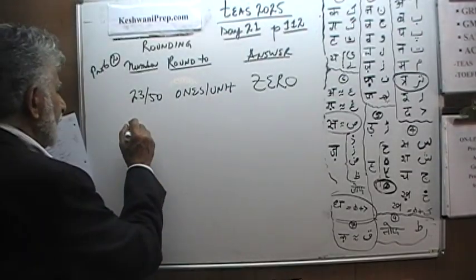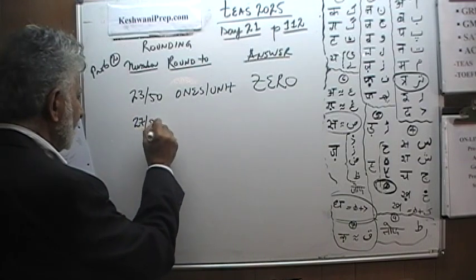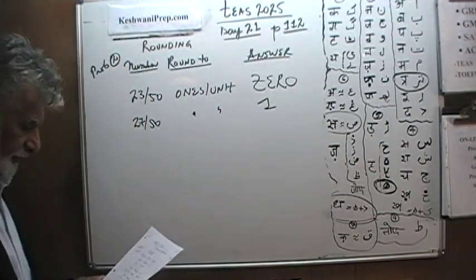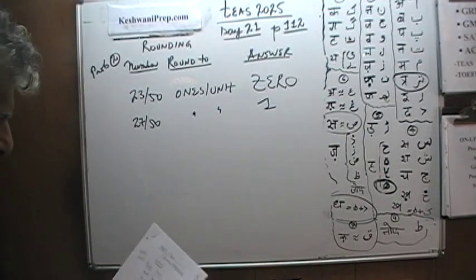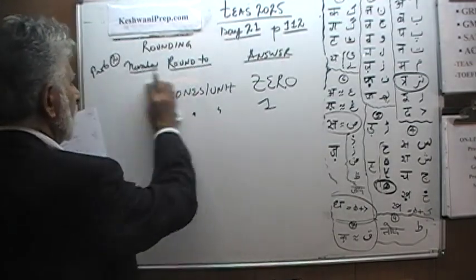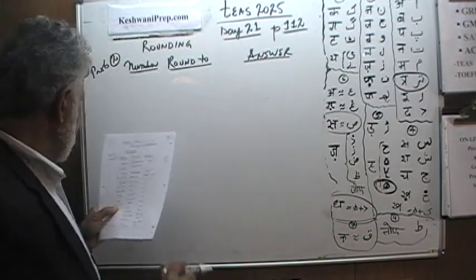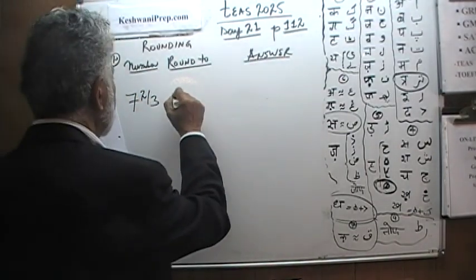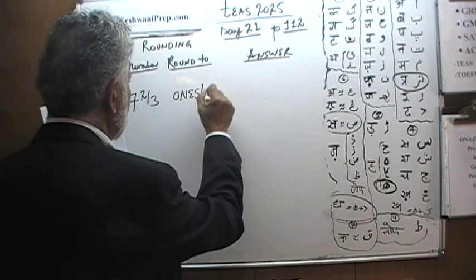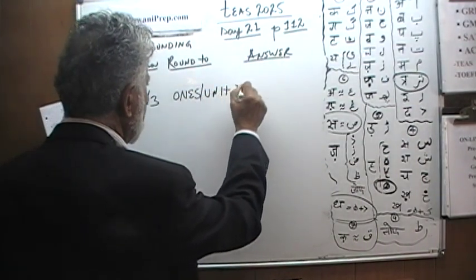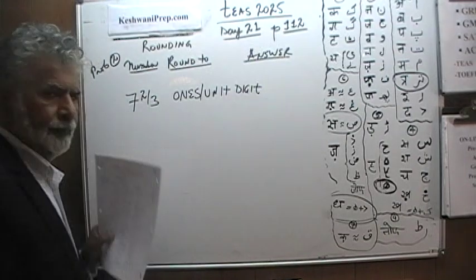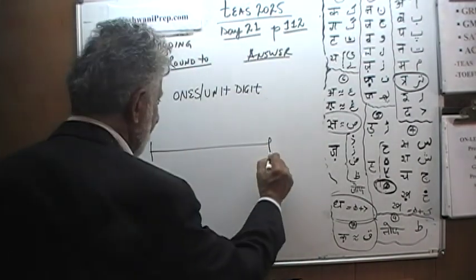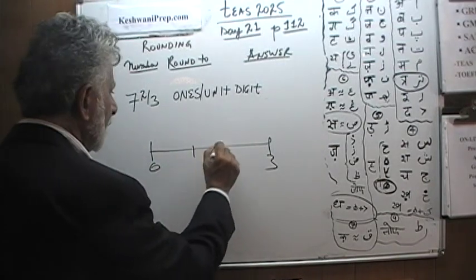Similarly, 27 over 50, when you round it to the nearest ones or unit digit, becomes 1. Let's do one more. 7 and 2/3 rounded to the nearest ones or unit digit. Well, 7 and 2/3 is 3 parts, up to 3. 1, 2.